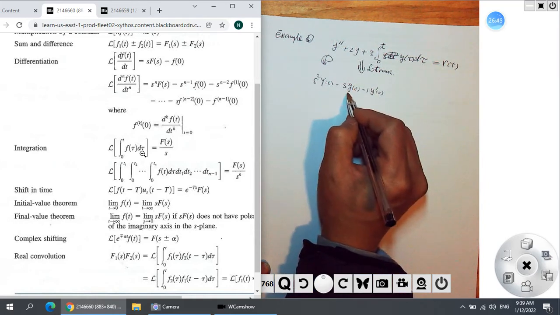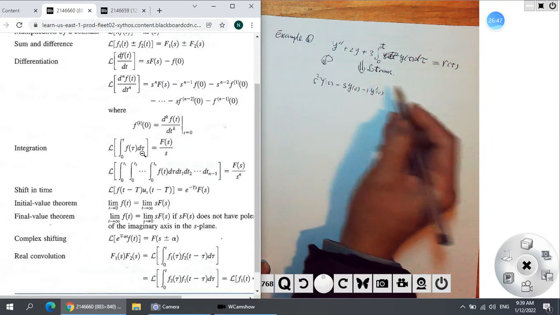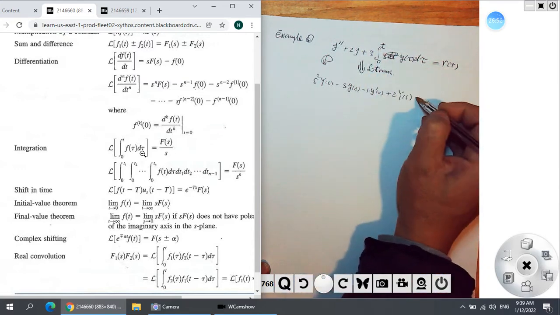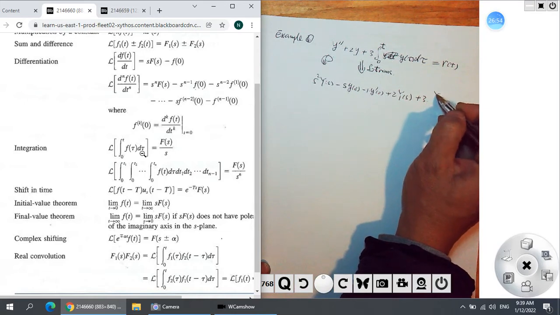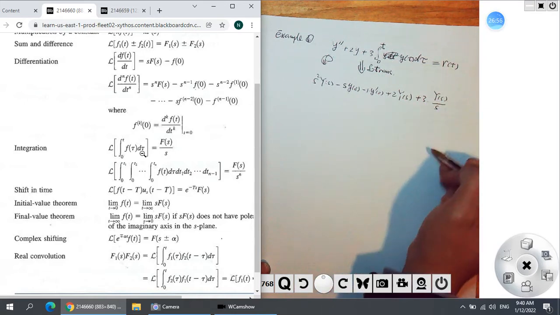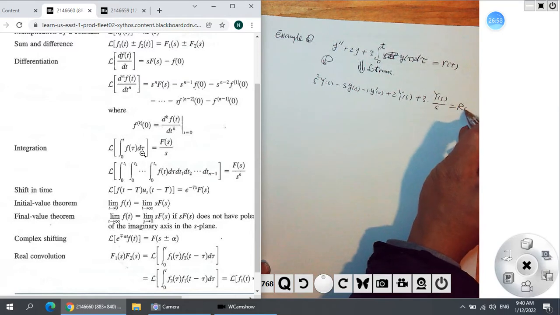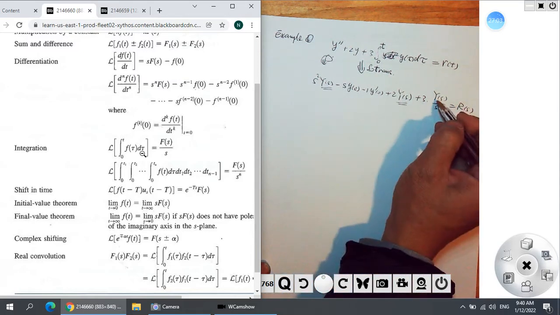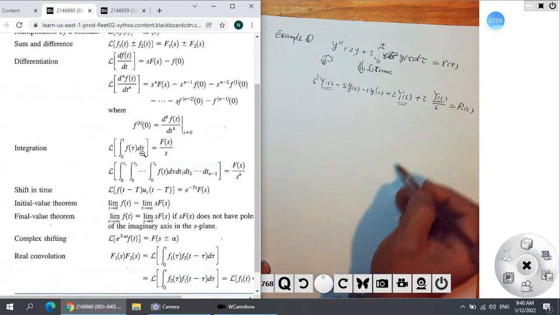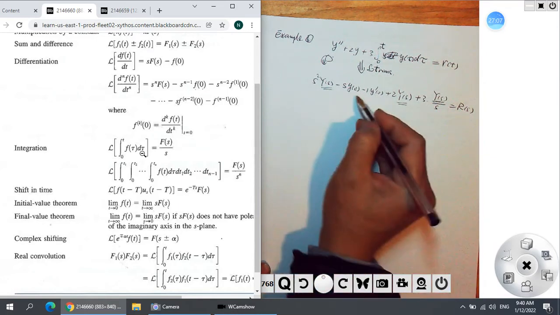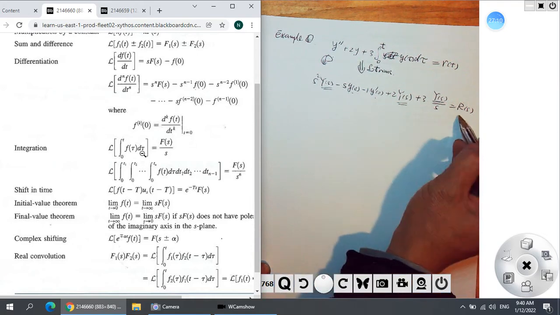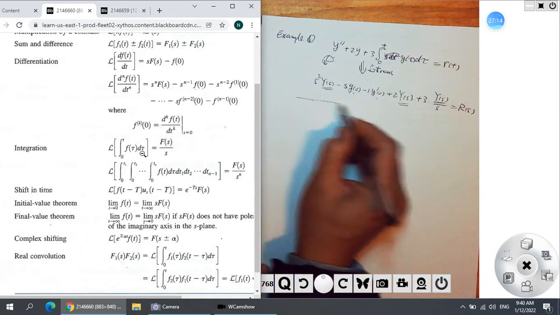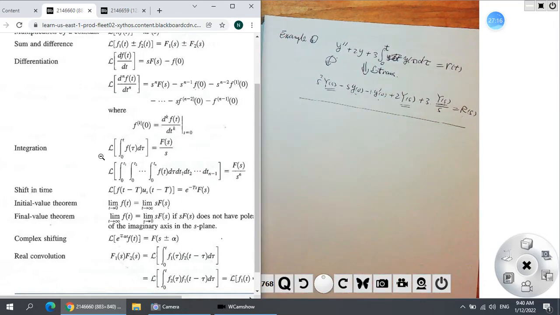The first one is y of 0, and plus 2 times Y of s, and this one is plus 3 times Y of s over s, right? And equal to R of s. Then you see it is also a function with unknown capital Y. Capital Y is unknown. Suppose this is given, and this is given, then you can solve what capital Y is. Right? Okay, so this is an integration formula.